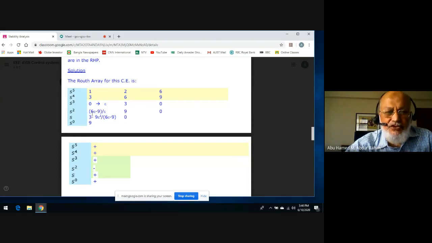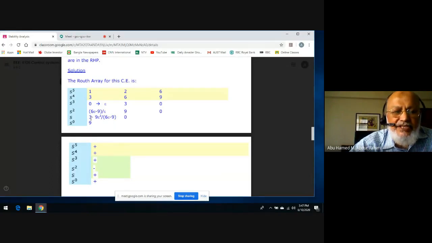Now let's not stop here because we have to see the polarity of this also, the sign of this. Now we have got this term 6 epsilon minus 9.